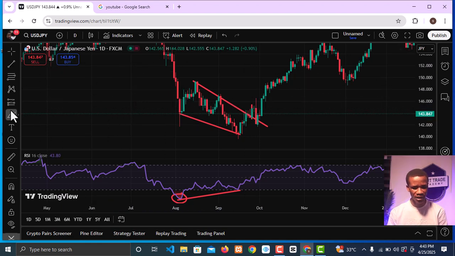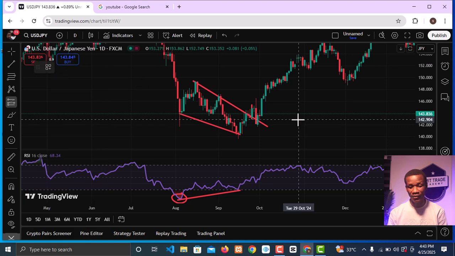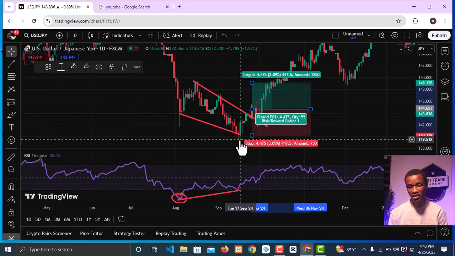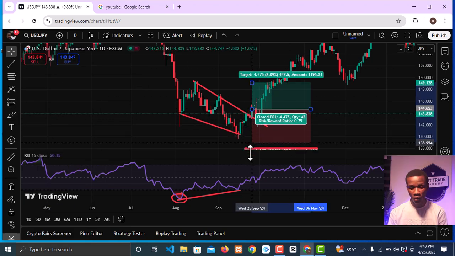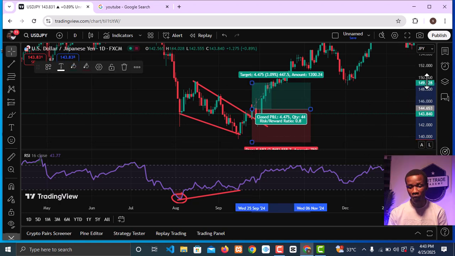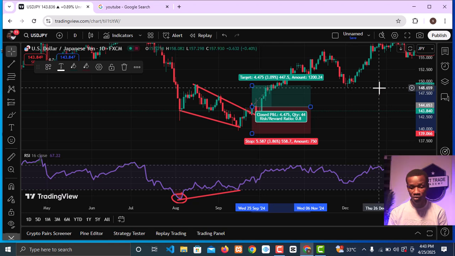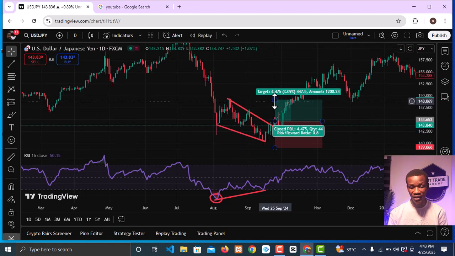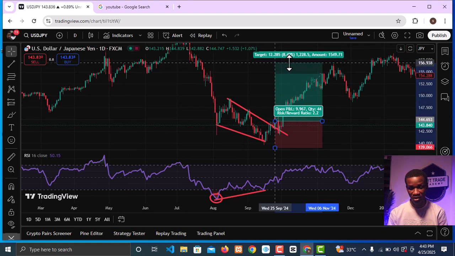Let's say, for example, we take a position after the market begins to move all the way to the upside with this bullish candle at this point. Your stop loss obviously should be at this area, and you look for a 1 to 2 risk reward ratio, which you will definitely get from this strategy.